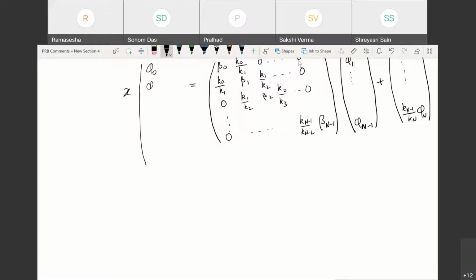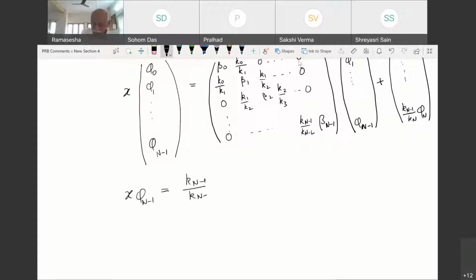So the last equation will be x p n minus 1 is equal to k n minus 1 upon k n minus 2 times p n minus 2, plus beta n minus 1 p n minus 1, plus the last component I should add, k n minus 1 upon k n times p n, right?